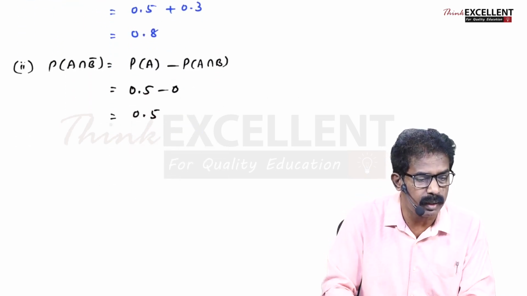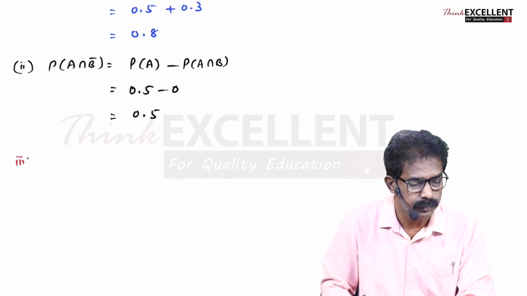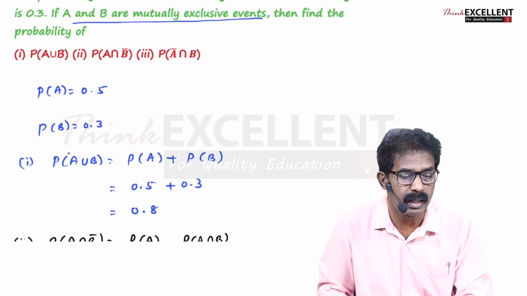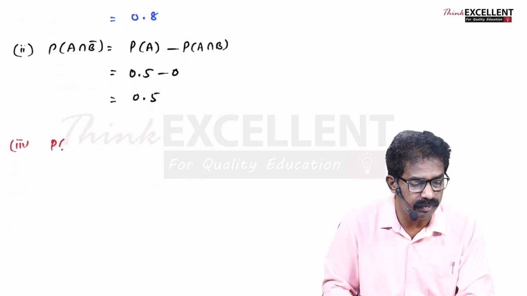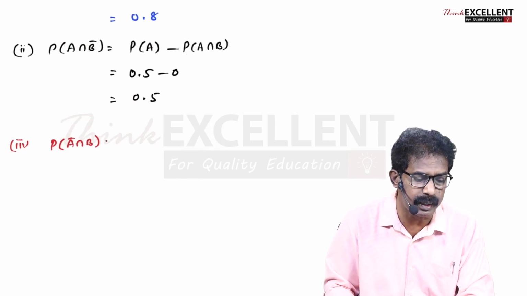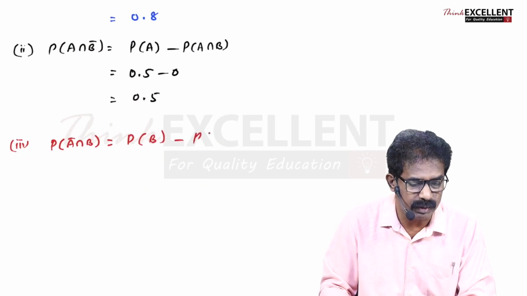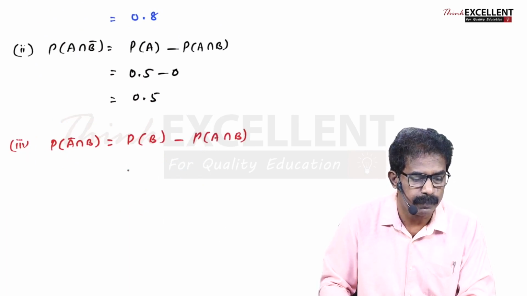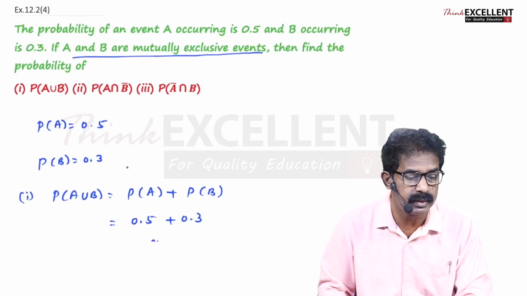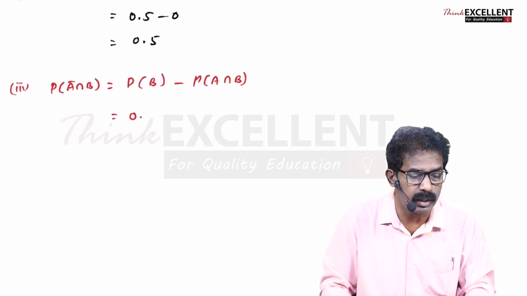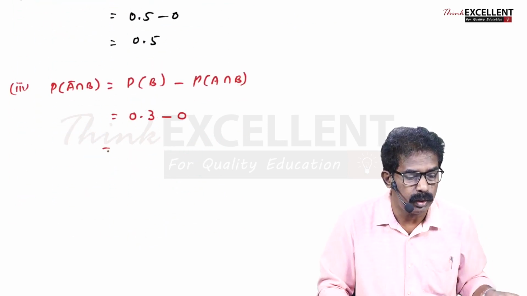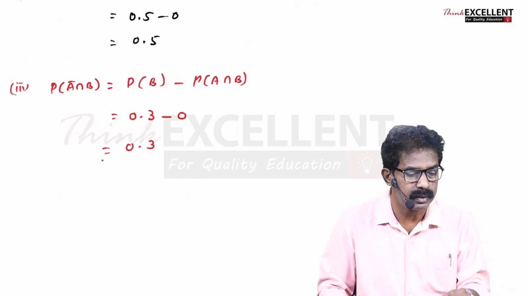And the third one, see what they asked here, P of A bar intersection B. Only B, right? So P of B minus P of A intersection B, that is 0, right? If you want, you write the step, actual formula, then you substitute. P of B is 0.3. So 0.3 minus 0, so your answer is 0.3.